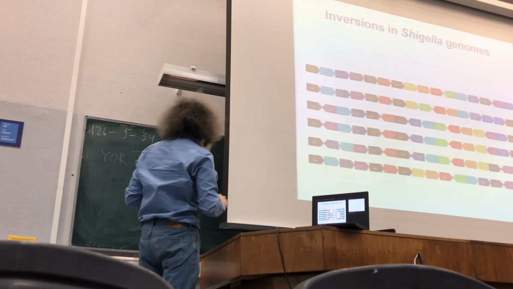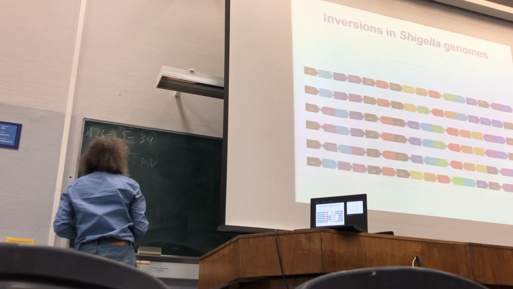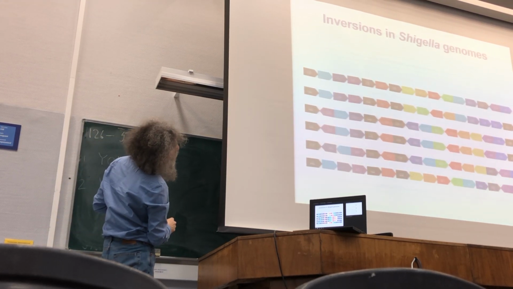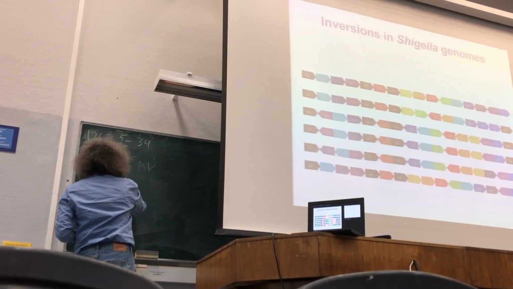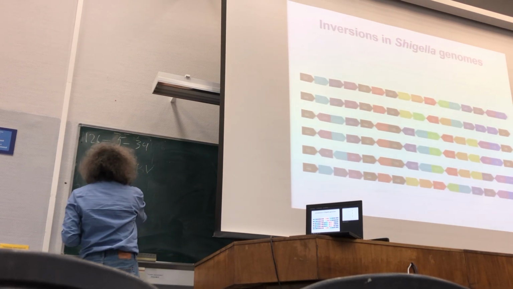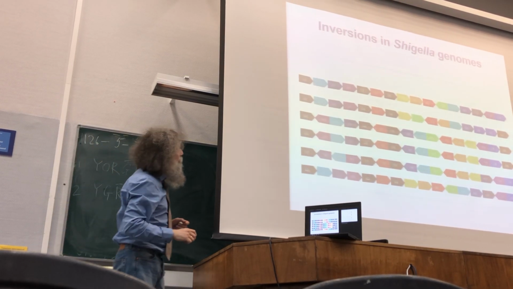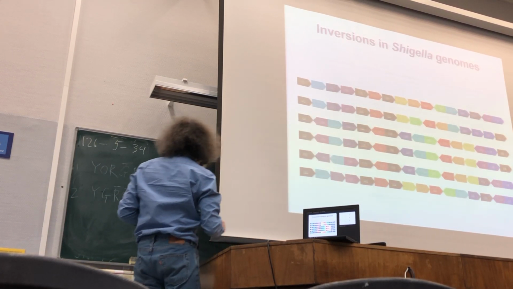For 2, we have yellow, then what? Green, red inverted, orange inverted, blue and violet again.